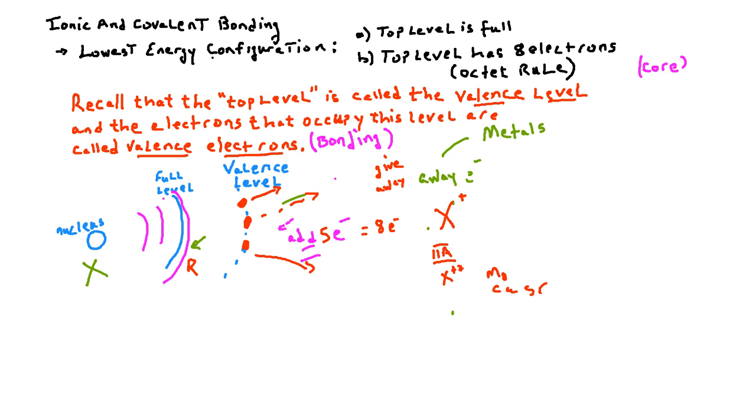So if you give away 3 electrons, you have a charge of +3, and this would be group 3A. So notice the Roman numeral tells you how many valence electrons it has for bonding. Again, metals give away electrons.